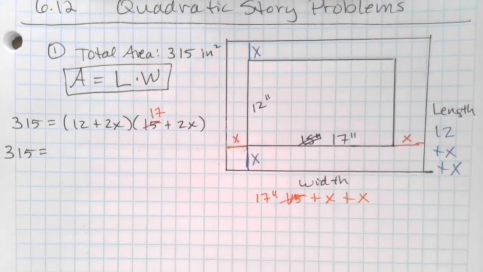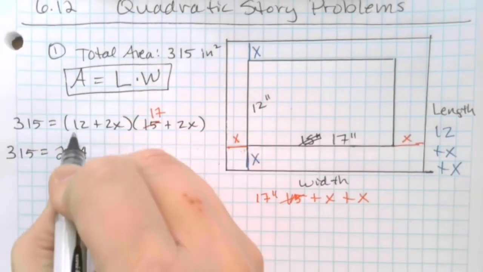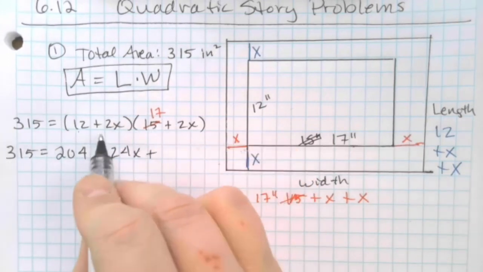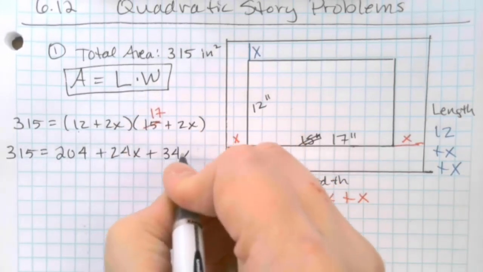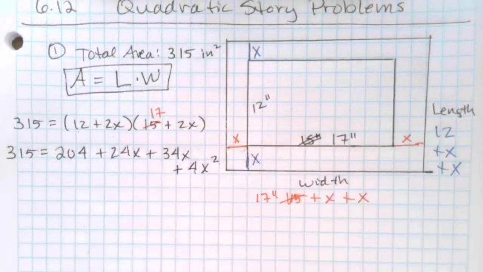Okay, 12 times 17 is 204. Then I have 12 times 2x, which is 24x. 17 times 2x, which is 34x. And then I have 2x times 2x, which is 4x squared.